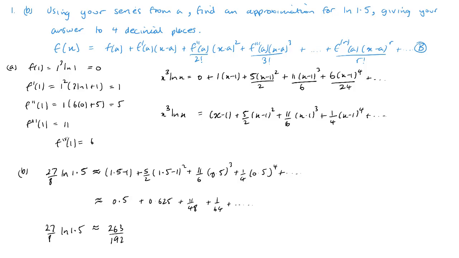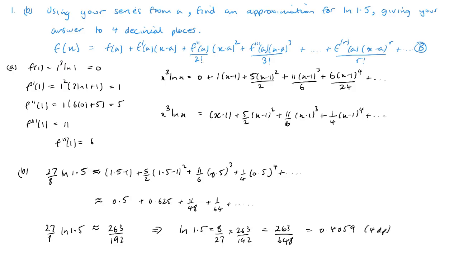So now I need to divide by 27 over 8, so therefore ln 1.5 is going to be 8 over 27 times 263 over 192, so I get 263 over 648. Now we need this to 4 decimal places, so 0.405, and then it's 86, so this is going to be 9.